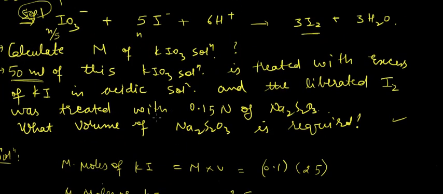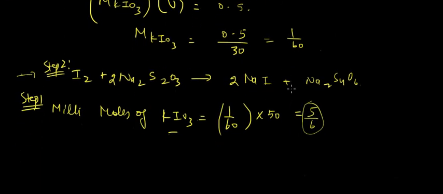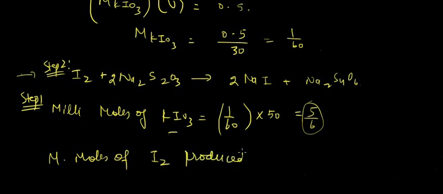So 5 upon 6 millimoles of KIO3 would produce how many I2? 1 mole of IO3 would produce 3 moles of I2, and 5 upon 6 would produce 3 multiplied by 5 upon 6, which is 2.5 millimoles of I2 would be produced. So millimoles of I2 produced from the first step is 2.5, and this 2.5 millimoles would be used in step 2 here.